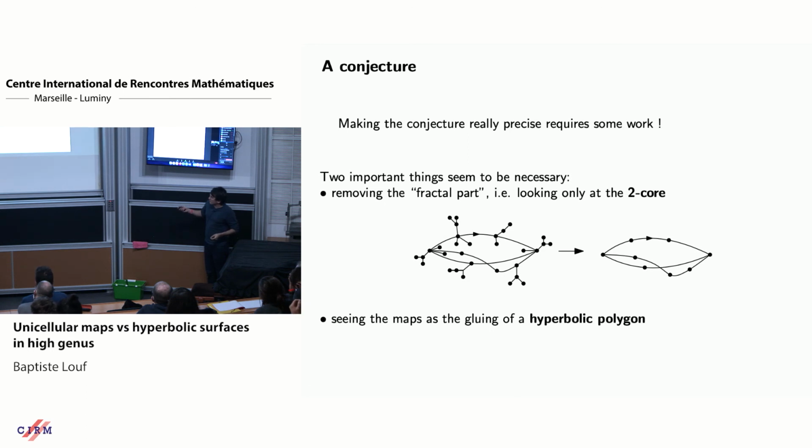This is also a reason why this conjecture is not yet super precise: I didn't specify which hyperbolic polygon. Because if you glue a polygon, any polygon, and the angles don't add up to 2 pi, you might have singularities. There are many ways of dealing with this. Either we need to find the perfect polygon that fits well, or there is a procedure: if you have a surface that is exactly hyperbolic except for some points, you can cut and make it smooth.